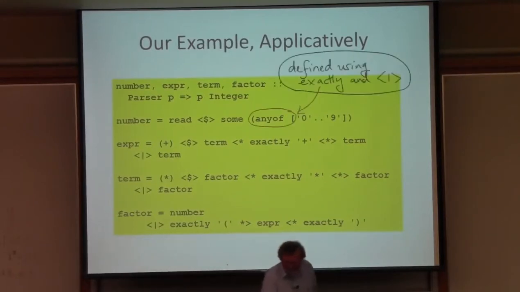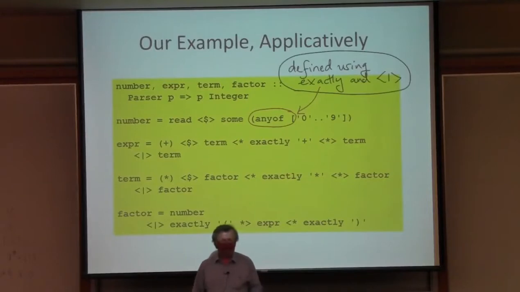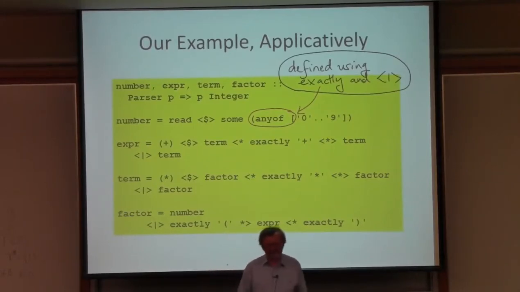And you'll see that there's an AnyOf function in there, which I'm using now to recognize digits. And AnyOf is easy to define. I just map my exactly function over that list of characters, and then combine the results using fold of the alternative. But I haven't shown you that definition. I just wanted to show you that my parser still looks very nice and simple.